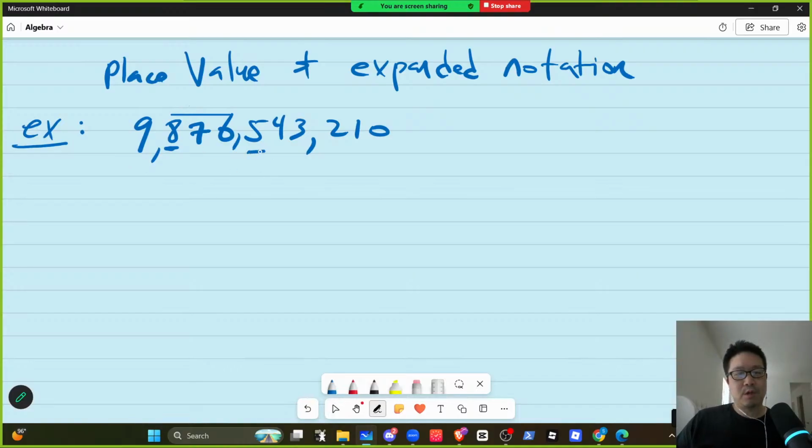What about this one? 100 thousands. What about this one? Hundreds. What about this 7? What place value is this 7? 10 million. Yep. What about this one? 10 thousands. And this one?